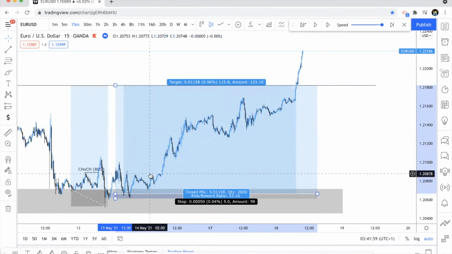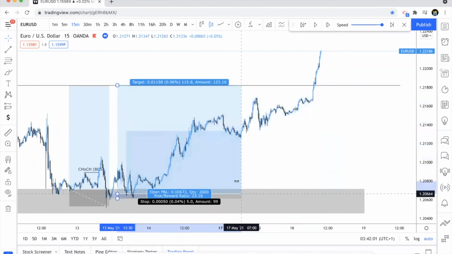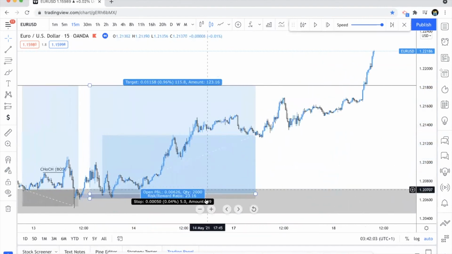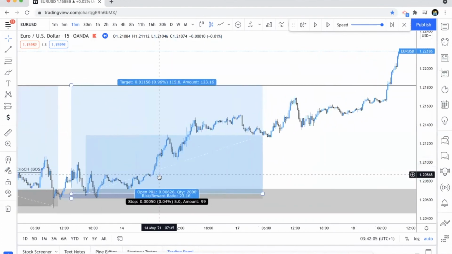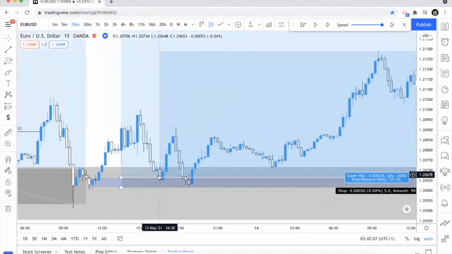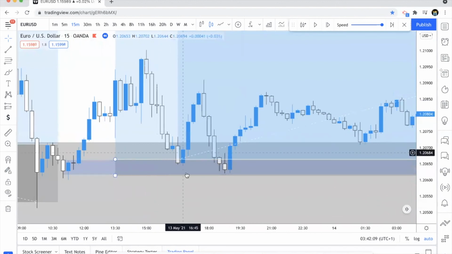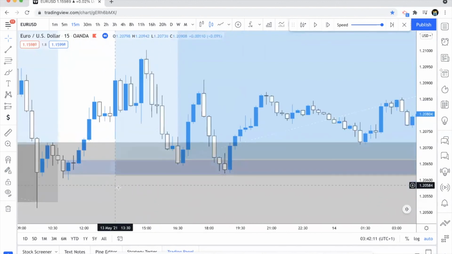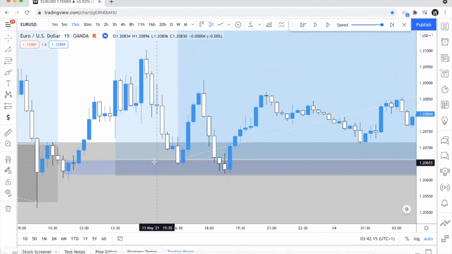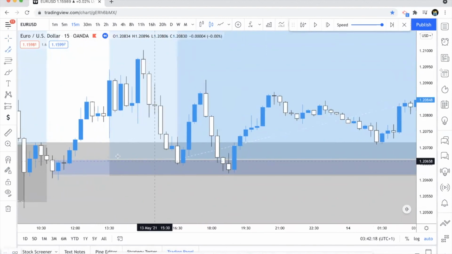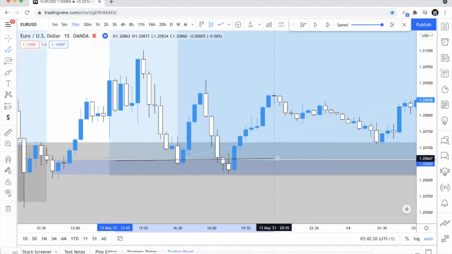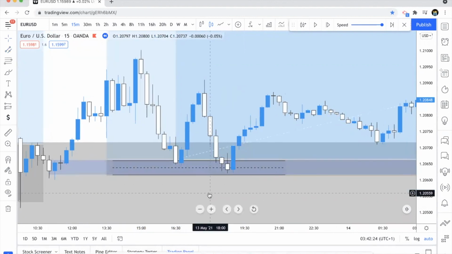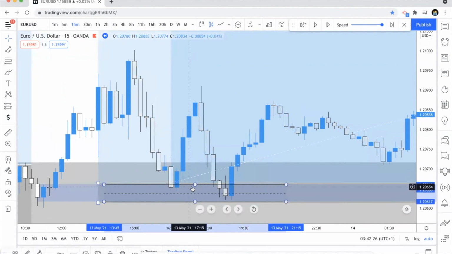Well, sometimes, and I also do this other trick too, by the way, I also use the 50% rule. So let's just say when price gets to our order block here, if I didn't want to use this entire order block range, I would split the order block in half like this.